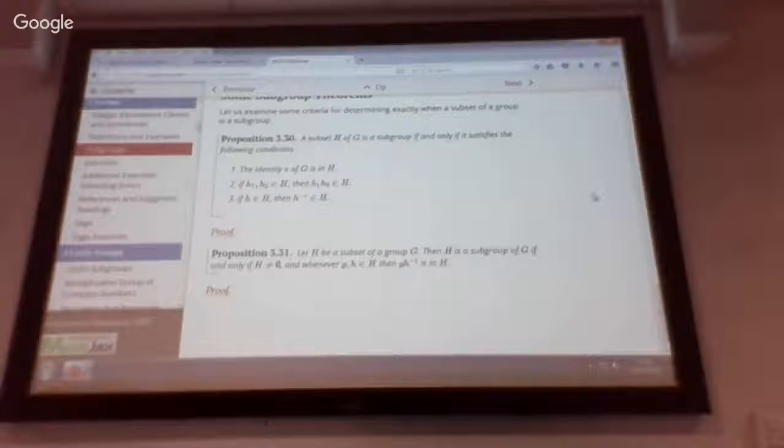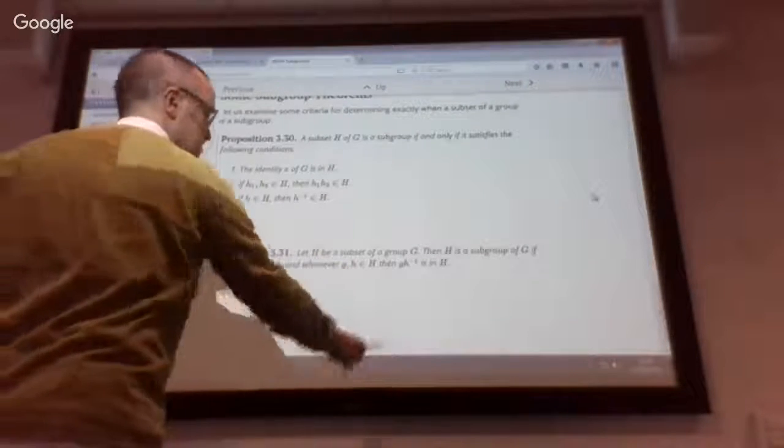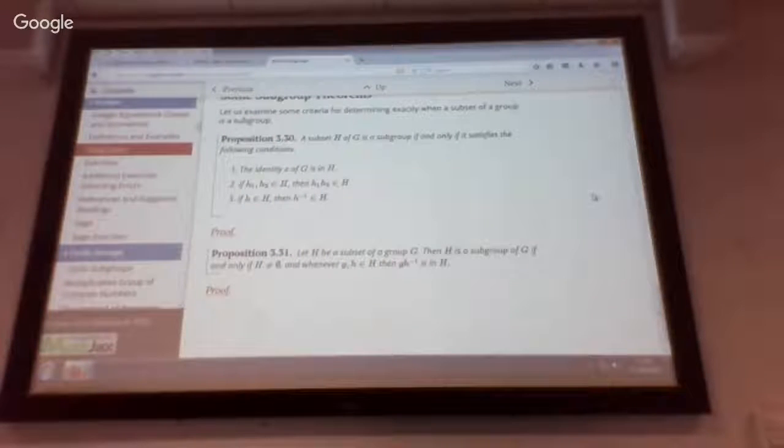Proposition 3.31 is really just a compactification of that. You're able to combine the closure and the existence of the identity element, those two axioms together. You kind of mush them together to get this combined one, saying that whenever you've got a pair of elements in H, the product of g times the inverse of h is also in H. It just means you do them both at the same time.